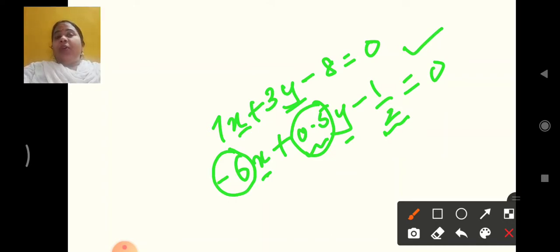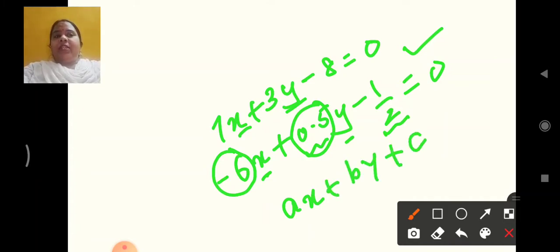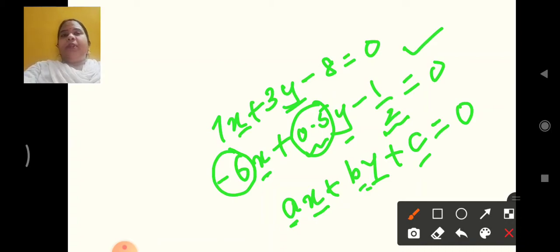Now if I want to generalize it, how will I write? It is ax plus by plus c is equal to 0. x and y are the two variables used here. a, b, c are real numbers, and a and b should be non-zero real numbers, or they should not be equal to 0.